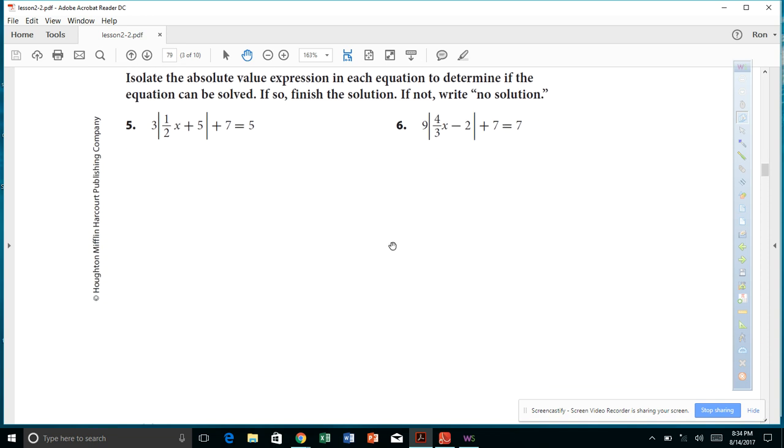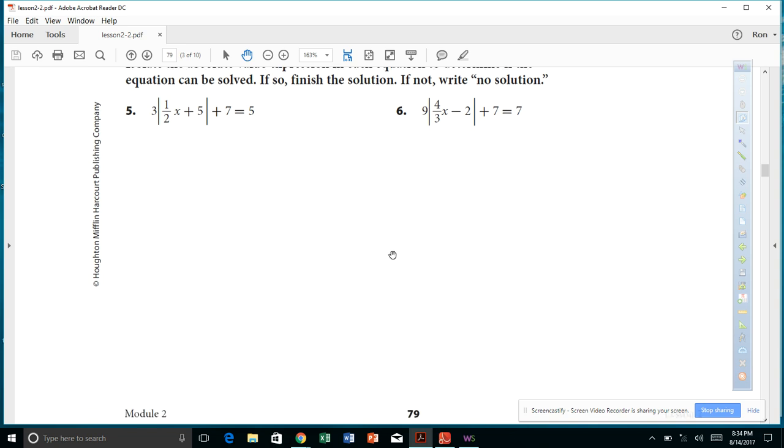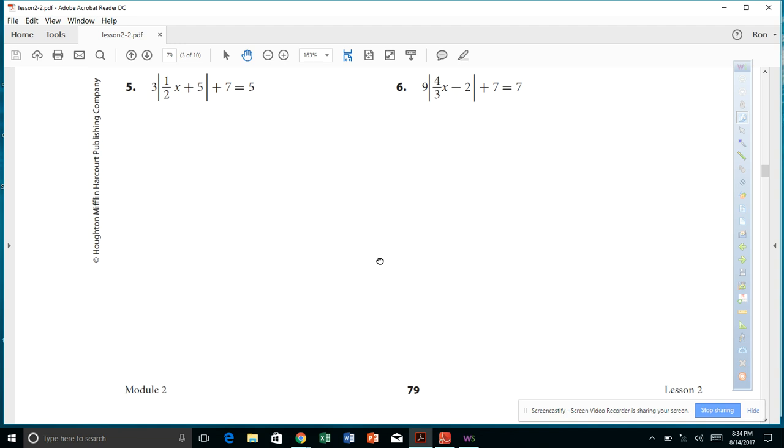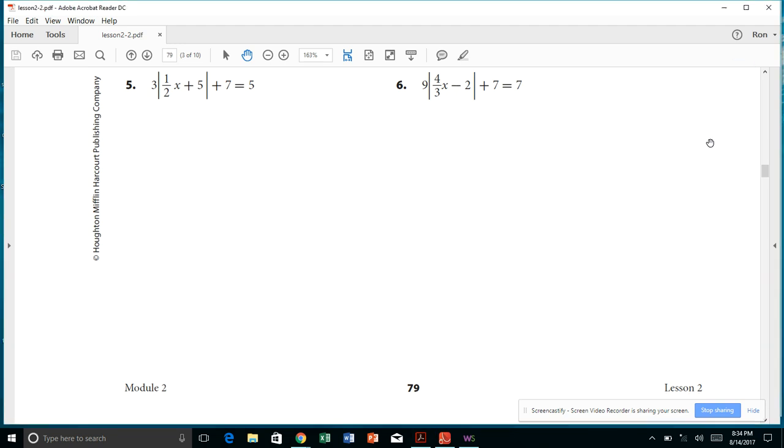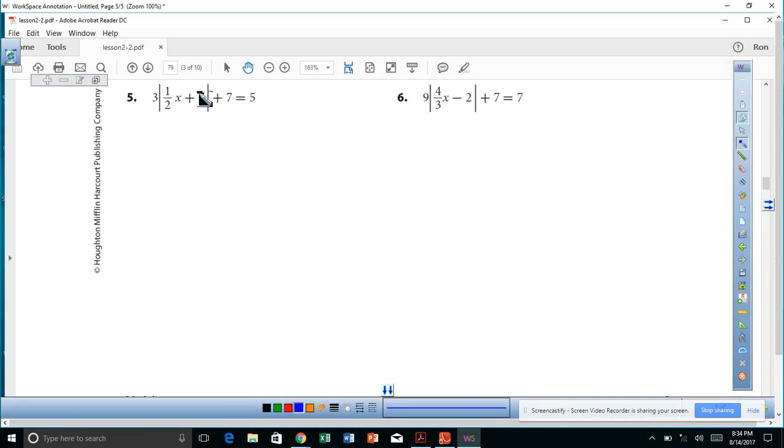Isolate the absolute value expression in each equation to determine if the equation can be solved. If so, finish the solution. If not, write no solution. So let's take this first one here. Let's subtract 7 from both sides. And we got 3 times the absolute value of 1/2 x plus 5 equals negative 2.